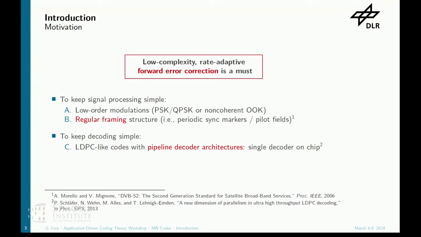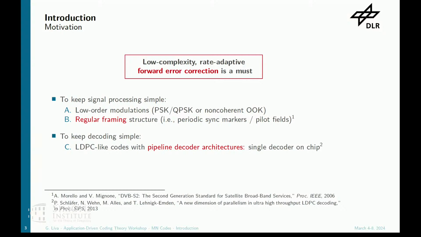So these two applications we have been discussing place some requirements on forward error correction. To be able to sustain these data rates, you need error correction, especially decoders with low complexity.